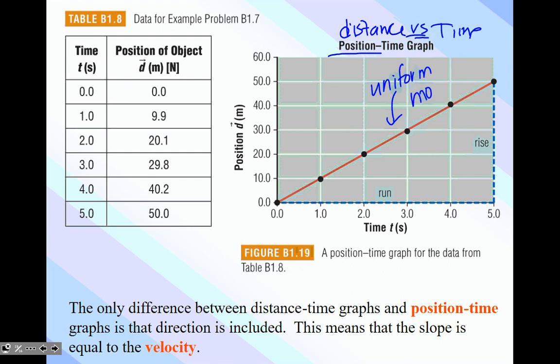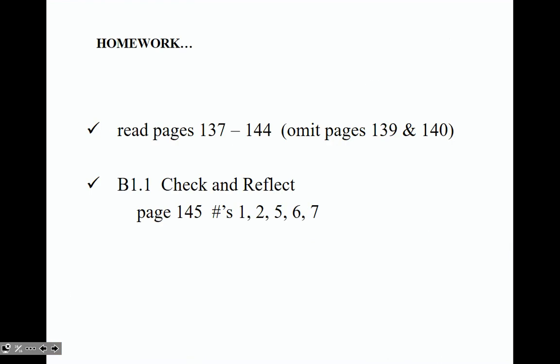However, the only difference is the use of a direction. So, to repeat, the only difference between distance-time graphs and position-time graphs is that direction is included. This means that the slope is equal to the velocity. So if I take the slope, I'm actually looking for the velocity, and of course, the direction is north, which is a positive value. That's it, kiddos.